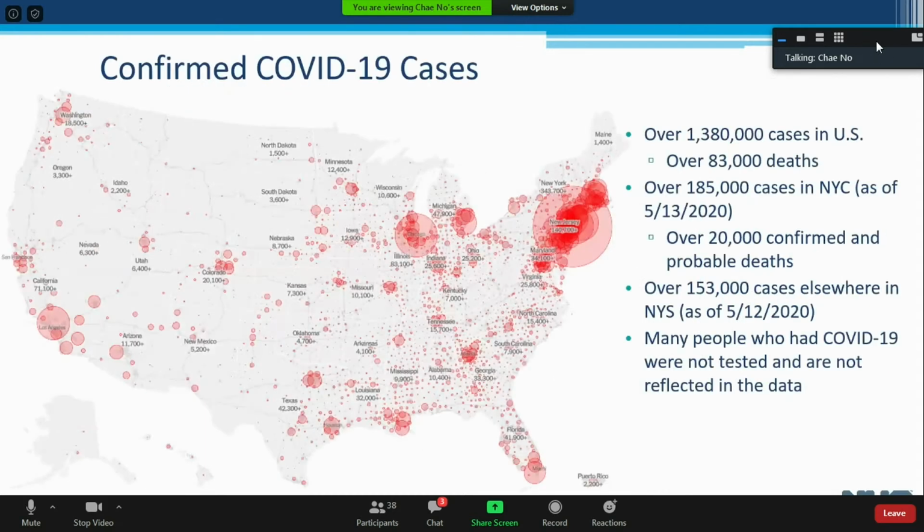In the United States, we have over 1.3 million, probably 1.4 million cases, over 83,000 deaths, over 185,000 cases in New York City alone, and over 20,000 confirmed and probable deaths. And in New York State itself, we have over 153,000 cases. Many people who had COVID-19 were not tested and are not reflected in the data. These are the numbers of people who were tested.